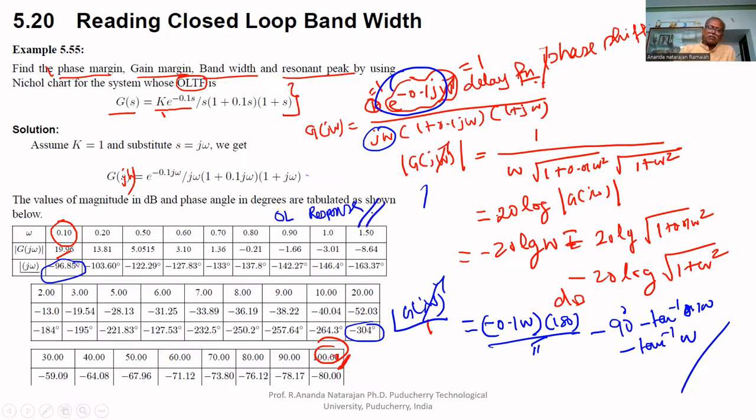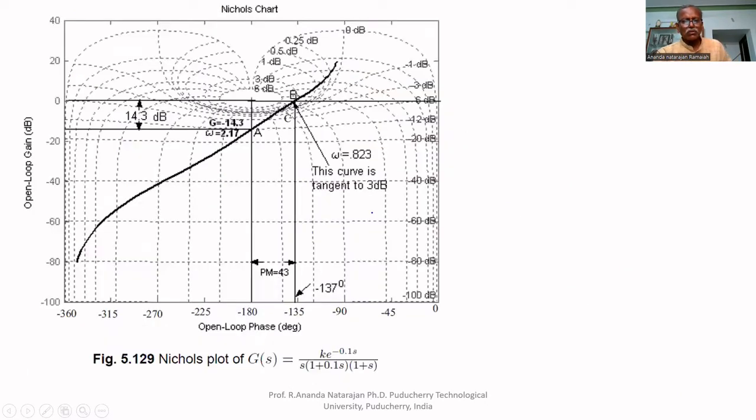Now we are going to find the closed loop frequency domain specifications from open loop response. That is the advantage of Nichols chart. So we have to plot this on the Nichols chart. This is the Nichols chart. In this Nichols chart, we have to draw this open loop response.